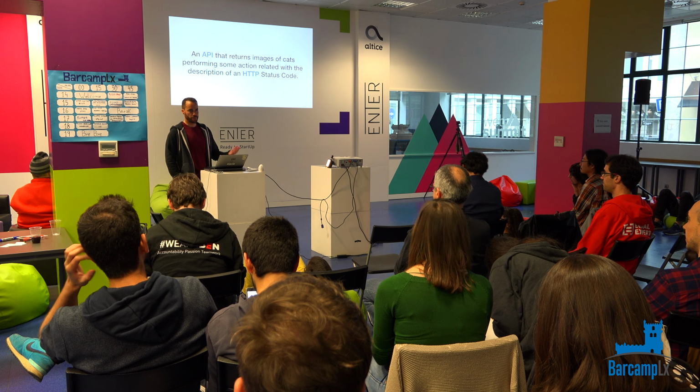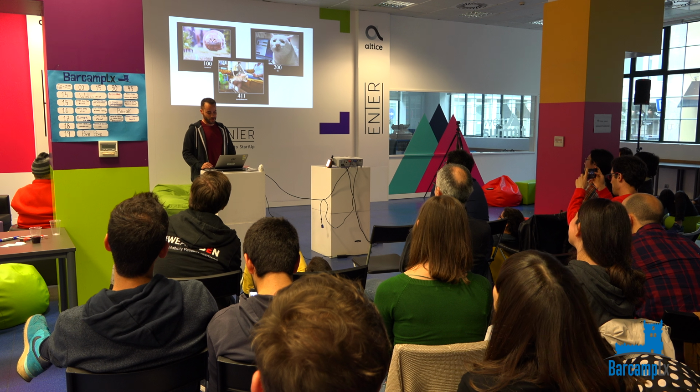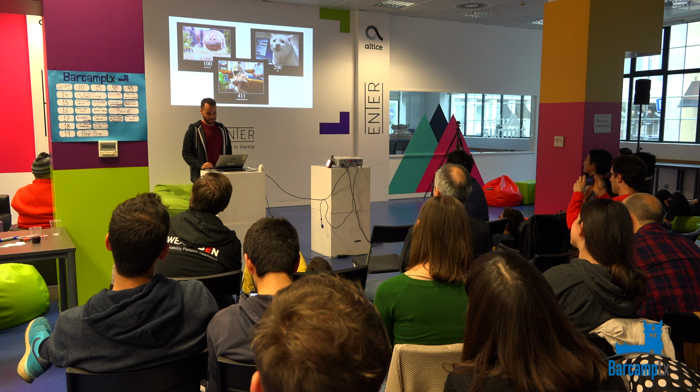So some examples. These are some of my favorites. As you can see, the famous 100 Continue. This cat is adorable. What is he flying, or I don't know? Then we have the 426 Upgrade Required, also cute.